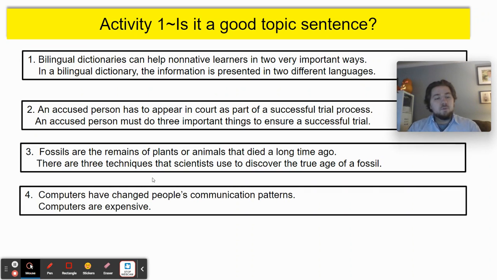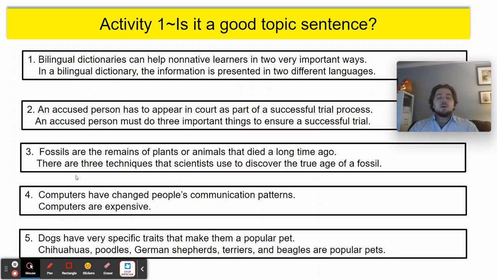And fourth, computers have changed people's communications patterns compared to computers are expensive. Once again, the second one is clearly a fact. The first one is actually stating a topic. And finally, dogs have very specific traits that make them a popular pet.